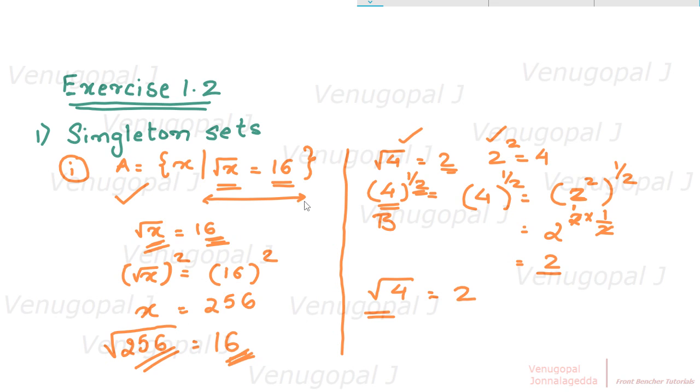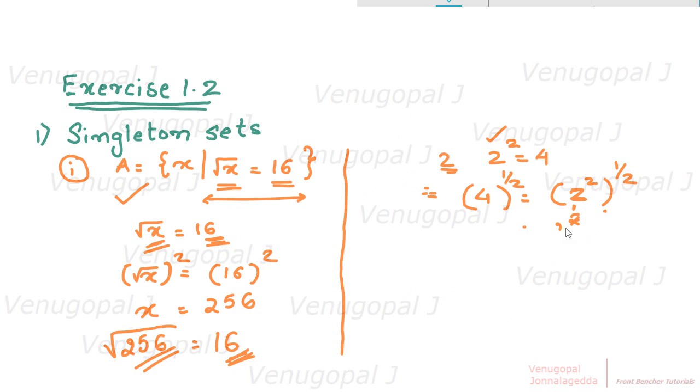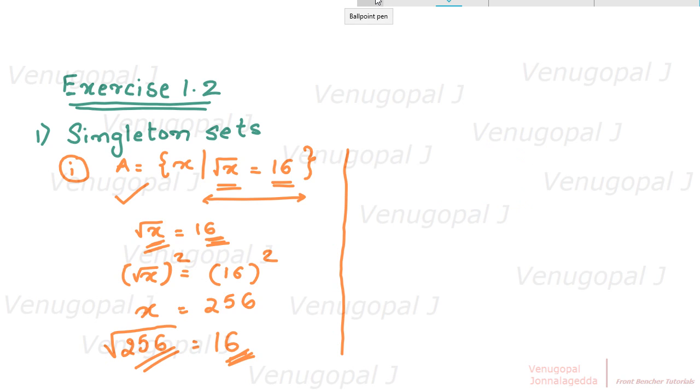There are two fundamental things you need to understand here: one is the theory of powers and the other is how to do square roots. If you want to learn more, I recommend you go to my fundamental section and learn the theory of powers and the theory of square roots to understand this problem better. Now let's jump on to the second problem.